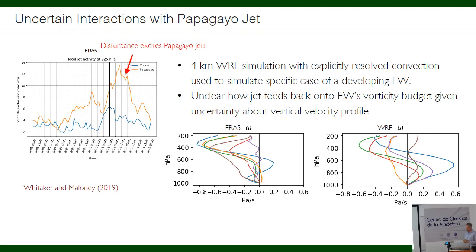So for example, with my student, Justin Whitaker, we looked at a case study of an easterly wave that propagated into the region of the Gulf of Papagayo and actually excited a strong Papagayo wind jet event. And we suspect that the excitation of the Papagayo jet is feeding back positively onto the easterly wave.